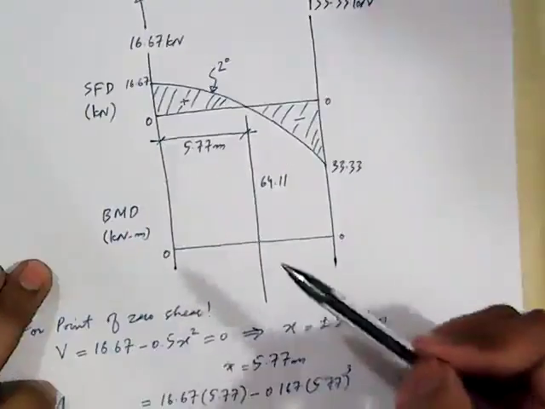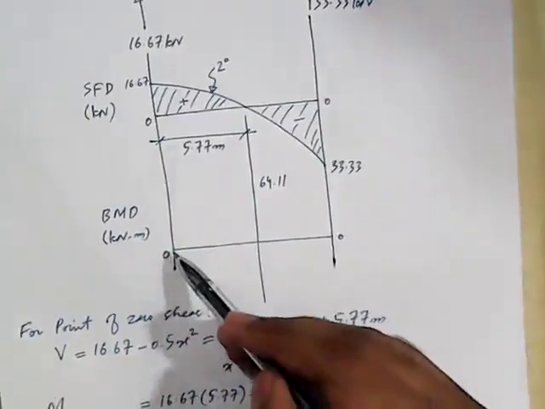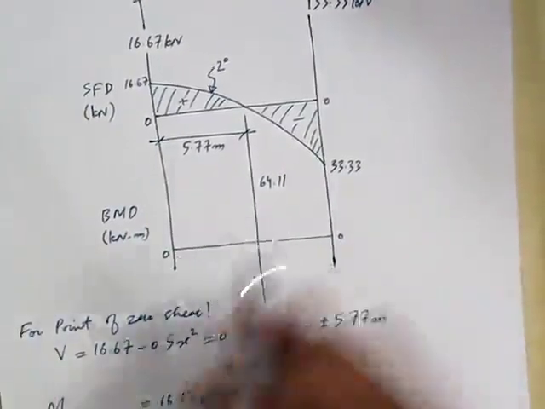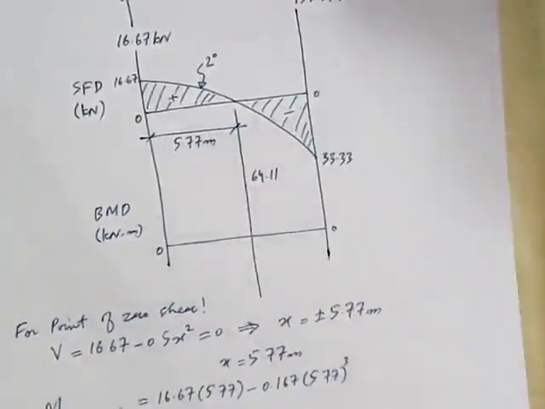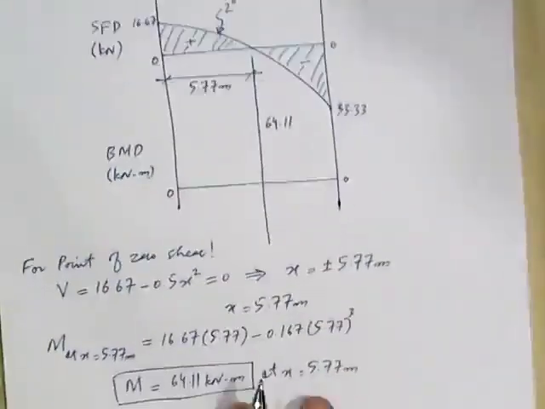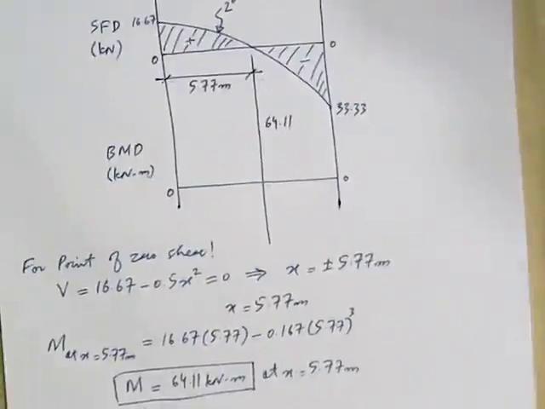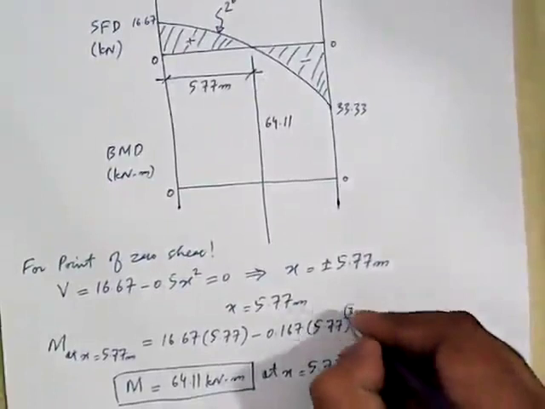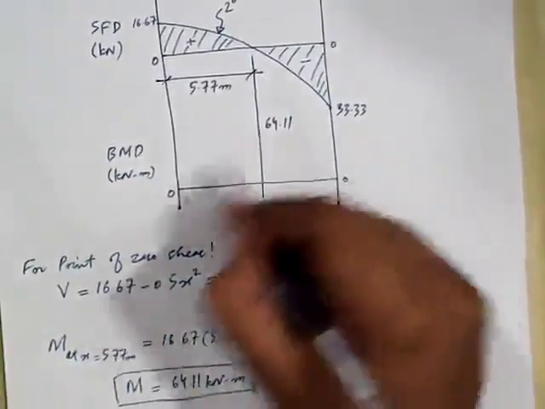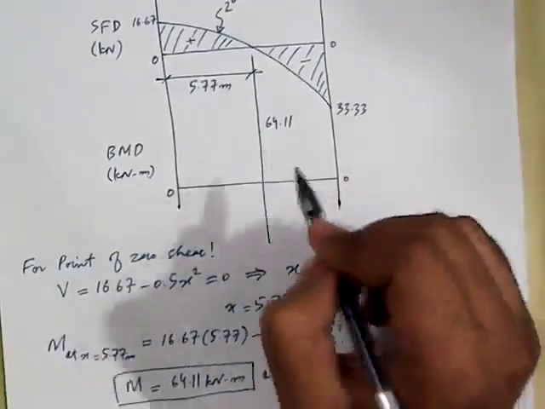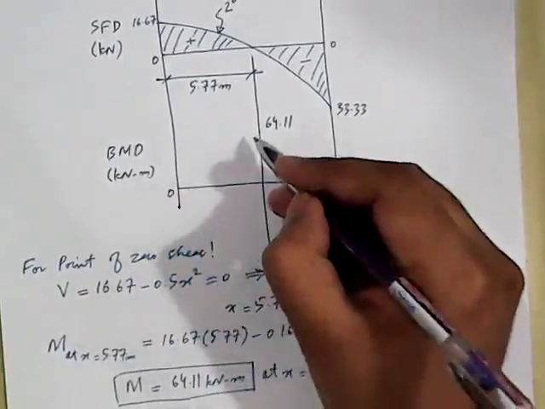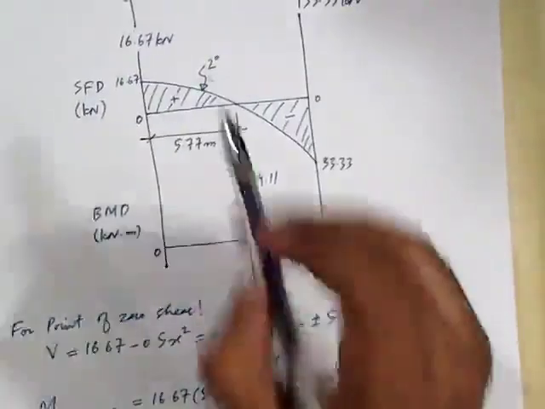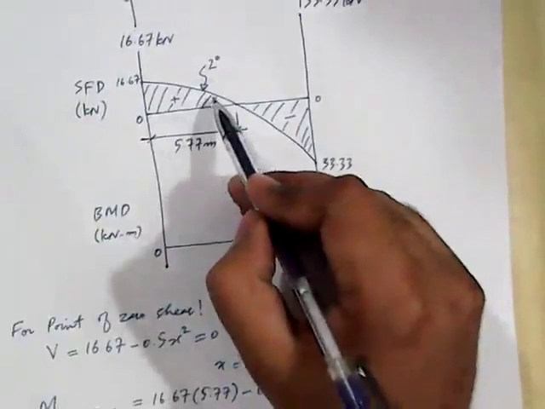Now again, we need to see how we should join this point with this point. For that, again, we will look at the degree of the equation. Degree of equation is 3. So these points will be joined together through a third degree line. And whether that third degree line should be convex up or concave up, the answer will come from the magnitude of the shear force diagram.